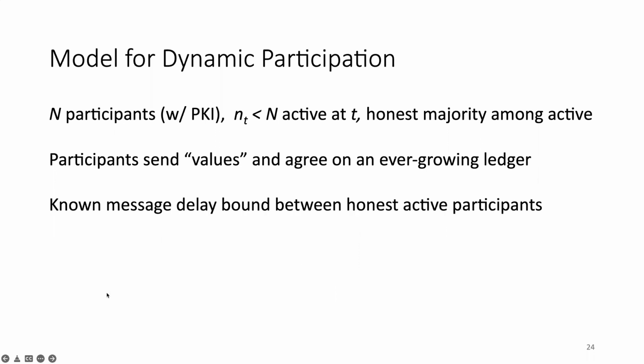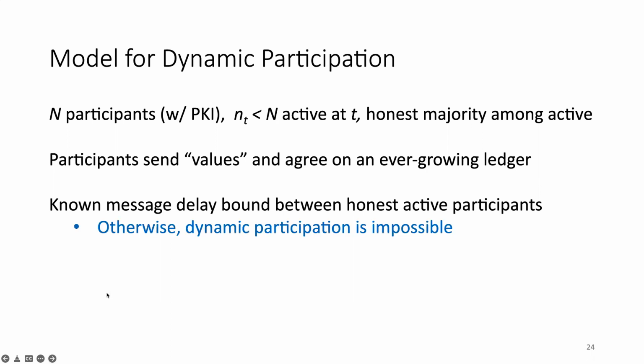Another very important aspect of the model is that we have to assume there is a known delay bound on the message transmission. It's a standard synchrony assumption between honest and active participants. This has been shown to be necessary. Otherwise, dynamic participation is impossible, as formalized by Lewis-Pye and Roughgarden in the blockchain CAP theorem paper.